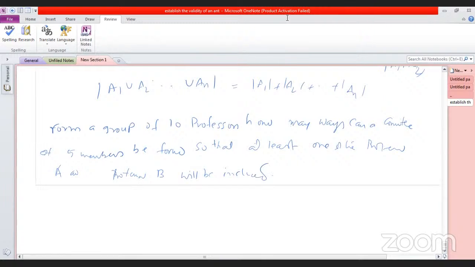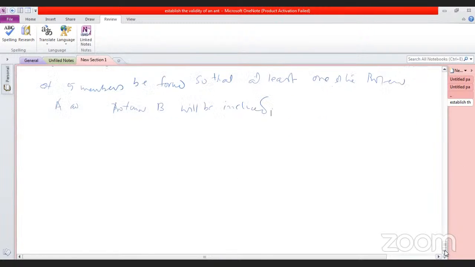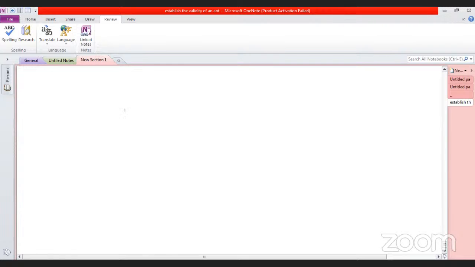So the total number of professors given here is 10. The committee should consist of 5 professors. Therefore, the total number of such committees consisting of 5 professors from 10 professors is 10C5. 10C5 means 10 factorial by 10 minus 5 factorial into 5 factorial.